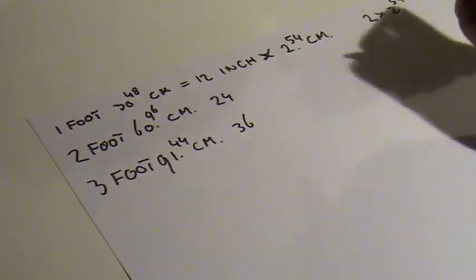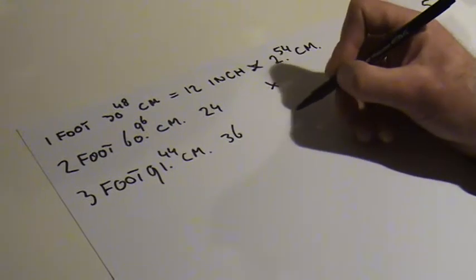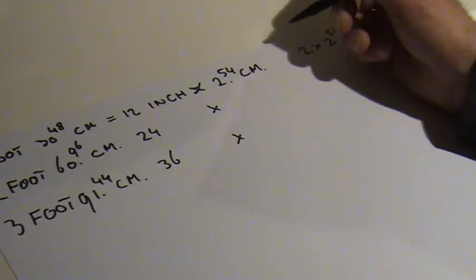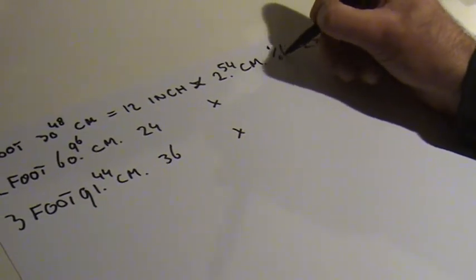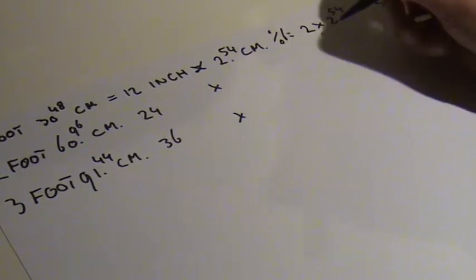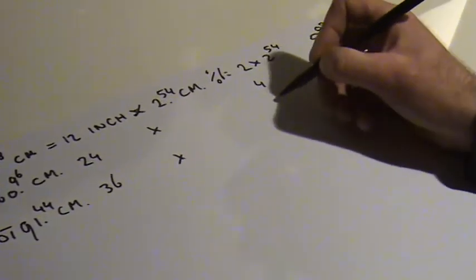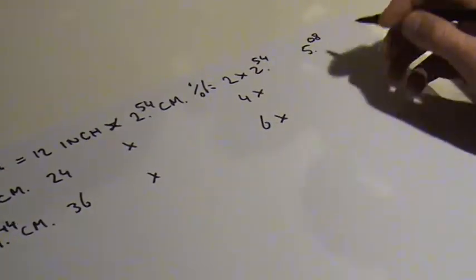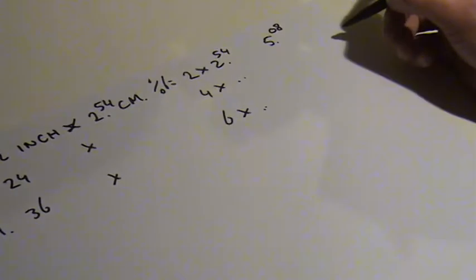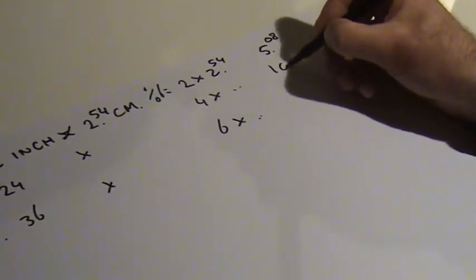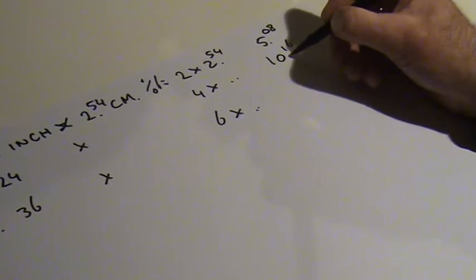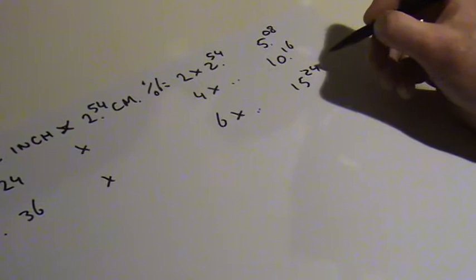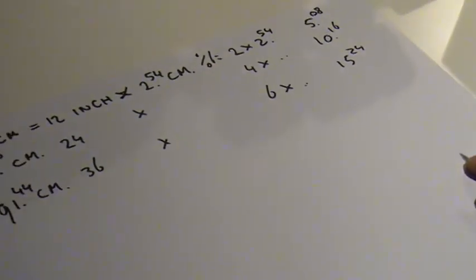We divide it by 6, and then we have 4 inch, and we have 6 inch. So it's 2 times 254 is 508, 1016, and 1524.